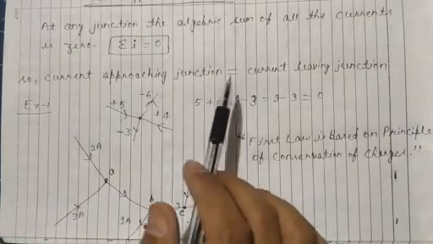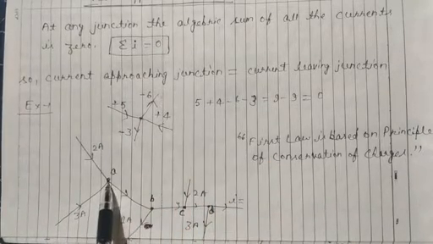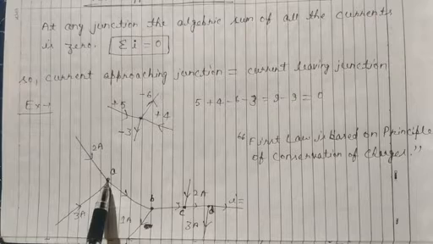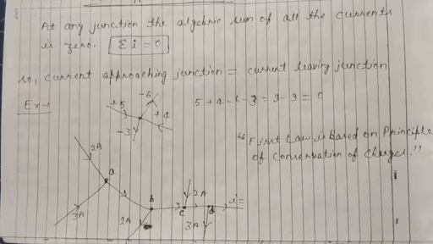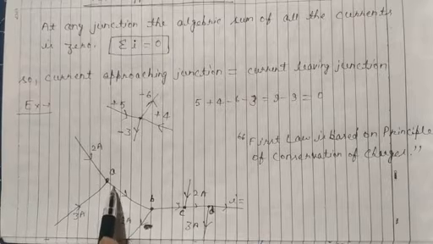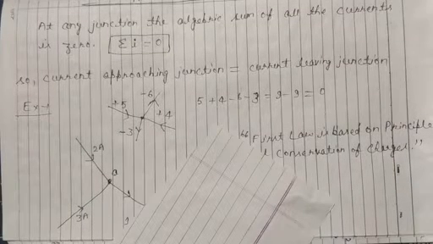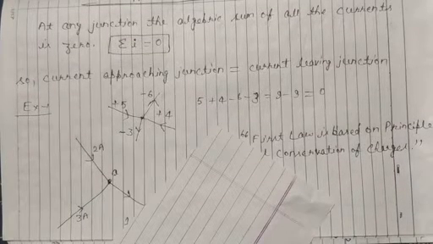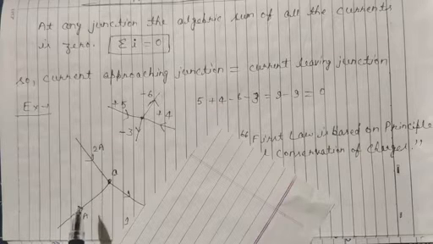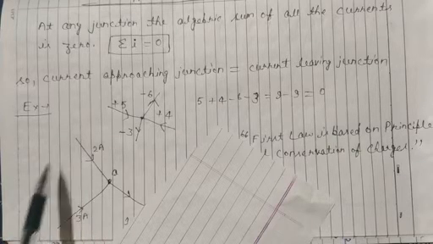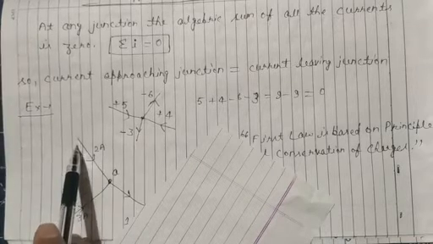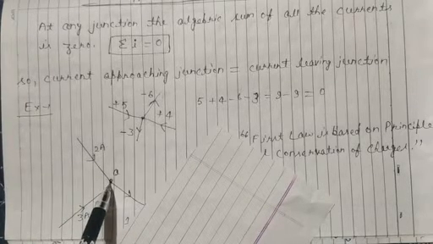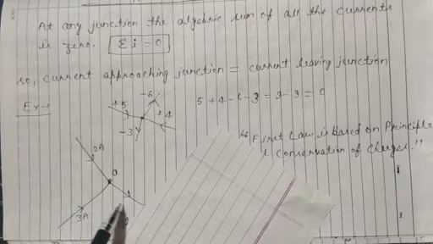According to Kirchhoff's first law, the algebraic sum of all the current at any junction is 0. The total current should be 0. Then how much is the current going out? First see only this junction. The current approaching is 3 ampere, the current approaching here is 2 ampere, and here the current is going out.